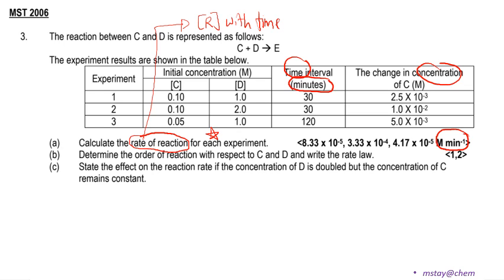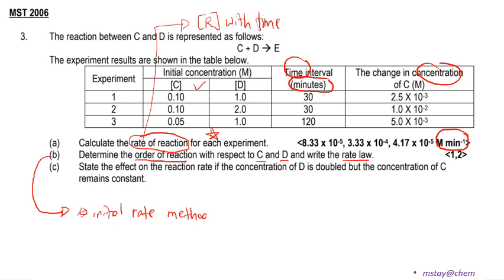Next is the order of reaction with respect to reactants C and D, and then you have to write the rate law. Again, when we see a table with the concentration of reactants and also the time, we are going to determine the order of reaction, and this method is known as the initial rate method.